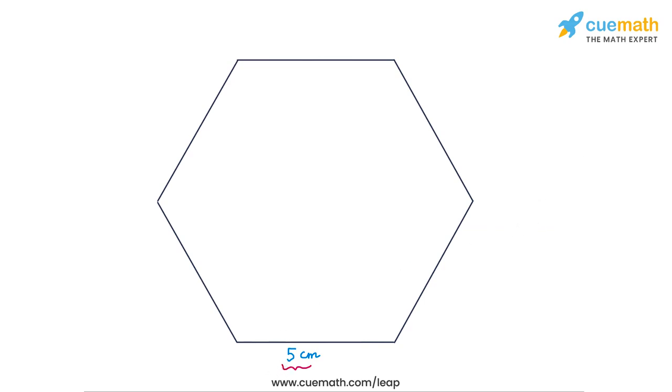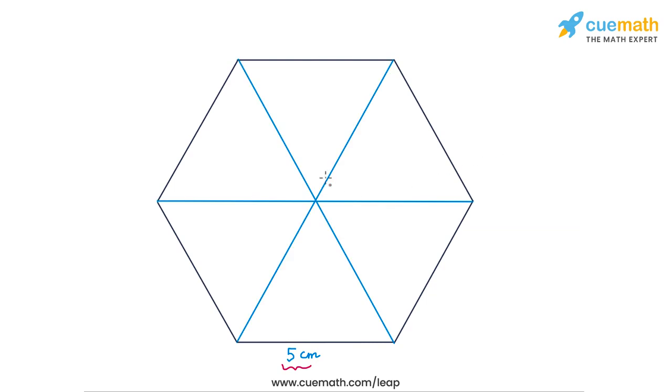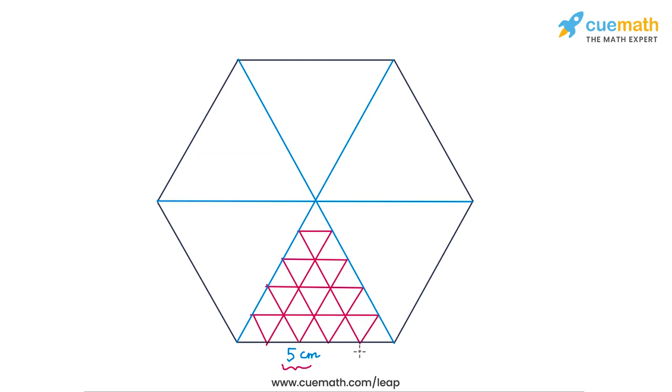Well, you can cut up the hexagon into 6 equilateral triangles by joining all the vertices, and each of the 6 equilateral triangles is a triangle of side 5 centimeter, which means that you can fit 25 equilateral triangles of side 1 into each of these 6 triangles. So in the hexagon overall, you can fit 25 into 6, which is equal to 150.